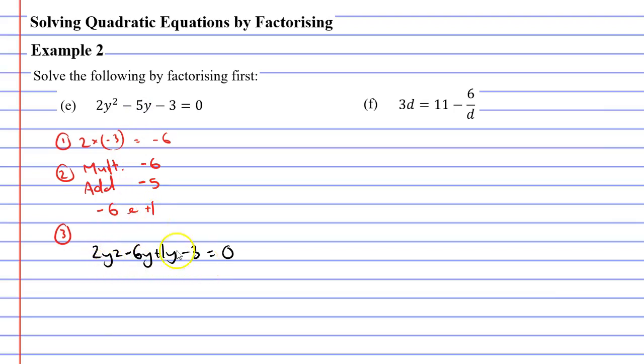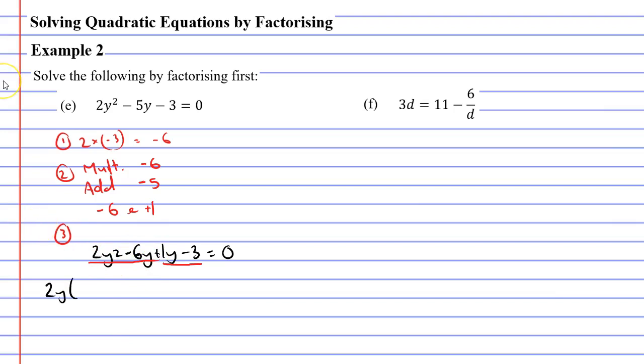Now I need to factorize this expression, and I need to split it into two groups. I'm going to split it into 2y squared minus 6y and 1y minus 3. What do I get when I factorize the first group? Well, I've got a common factor of 2 and y.